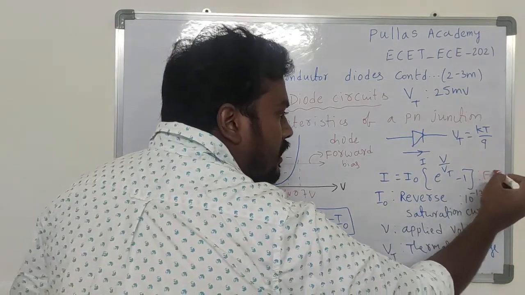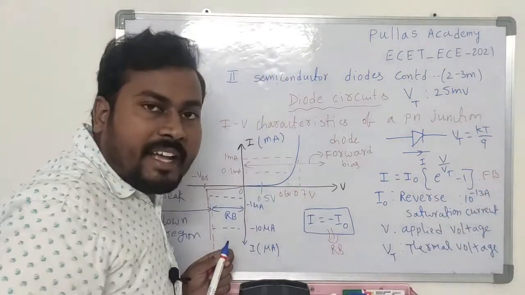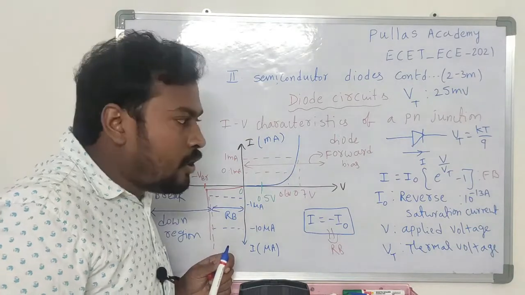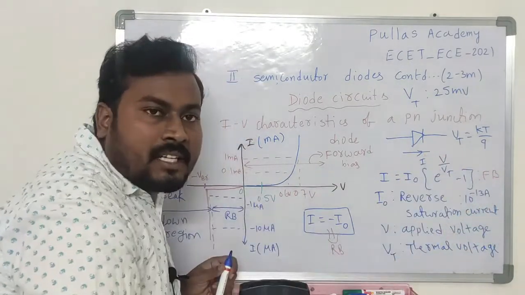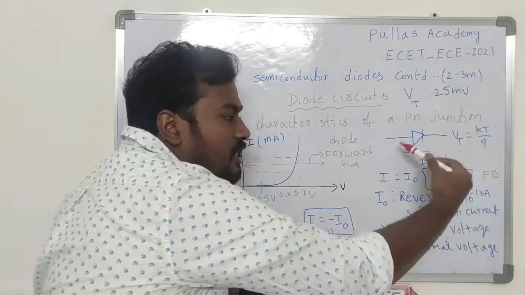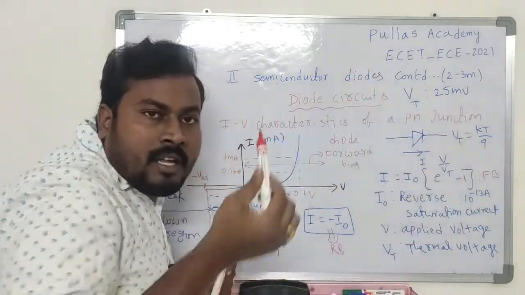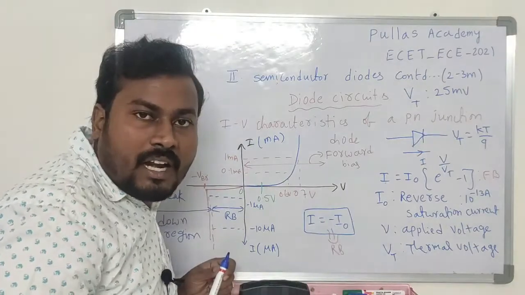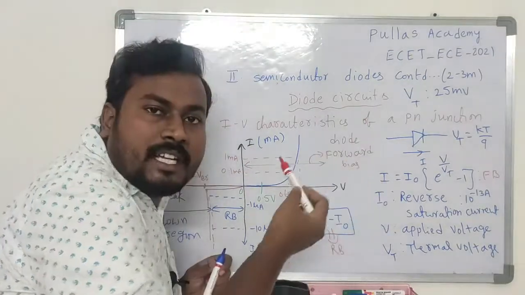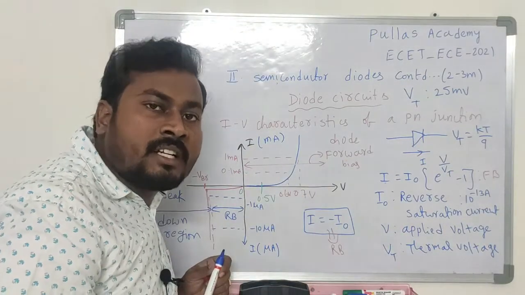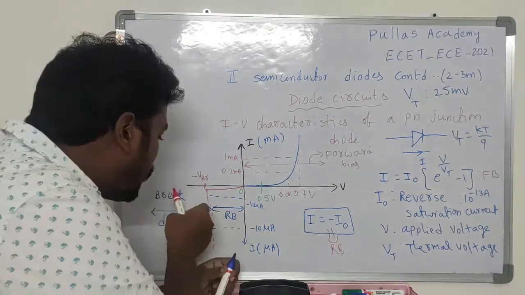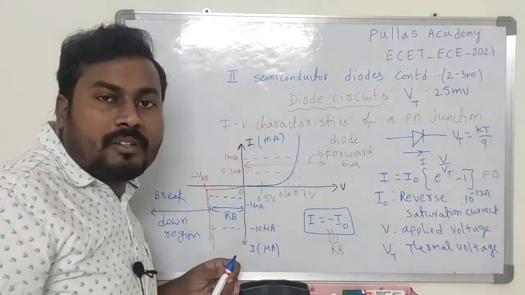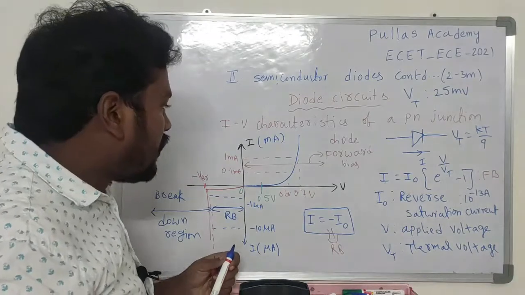When it is in reverse bias, the current is equal to the negative of the reverse saturation current, and the diode also operates in the breakdown region.